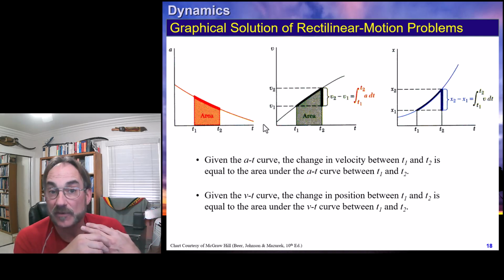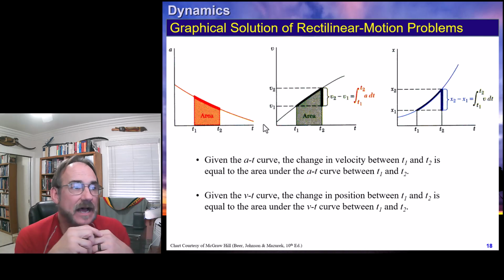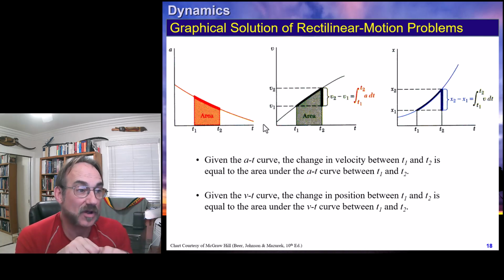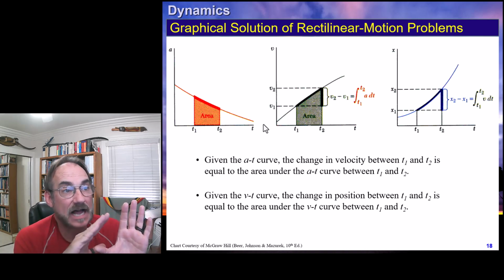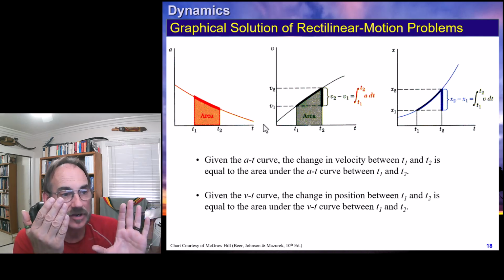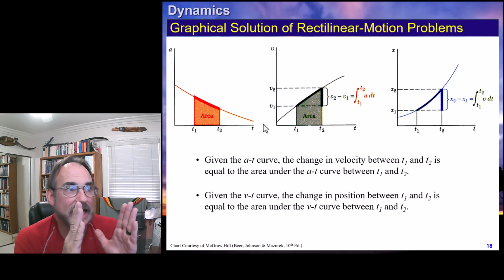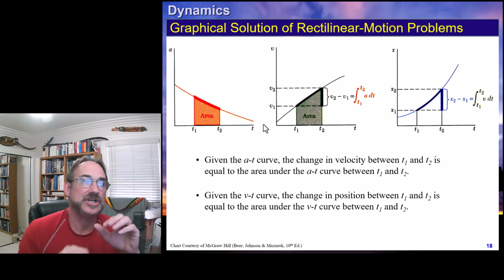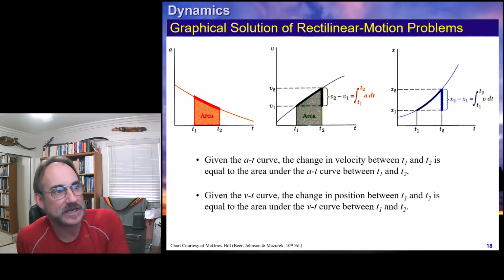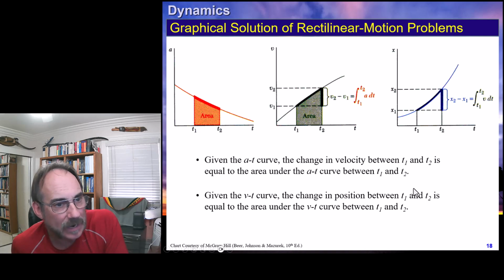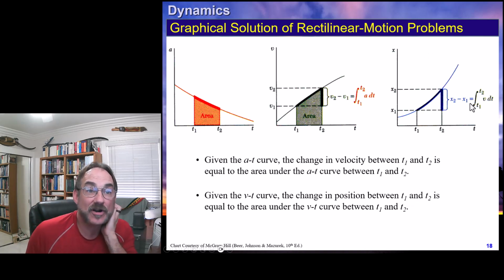This can be useful for graphical solutions, and sometimes the principle can help us solve other problems. If we look at the velocity-time curve and take the area under it, we get our change in position from t1 to t2. So we can look at the position curve and get our velocity from the slope, or the area under the velocity curve gives us the change in position.